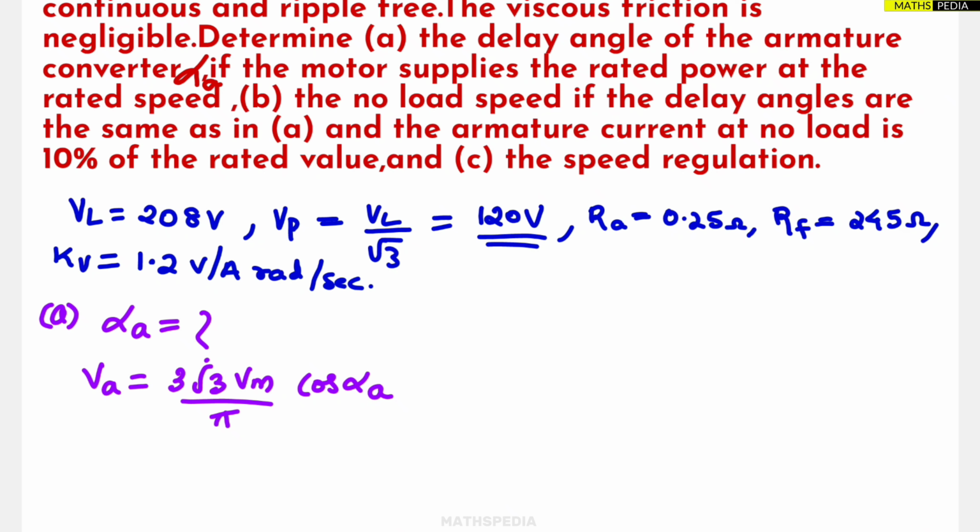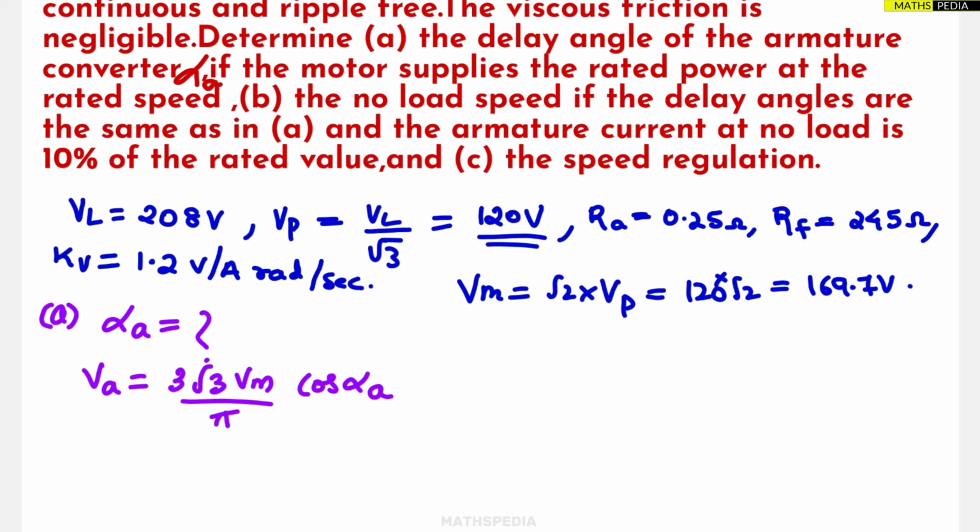Vm is based on the phase voltage we considered here, treated as VS. So Vm is root 2 times VS, that is 120 into root 2, which is 169.7 volts. You have to mention that too.